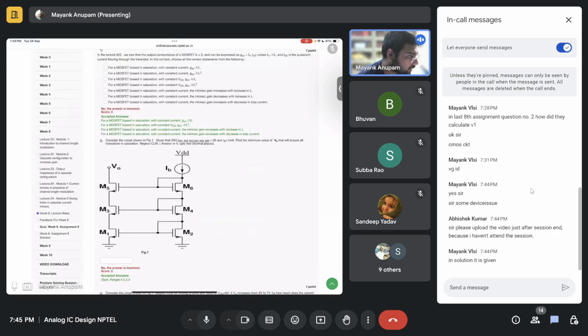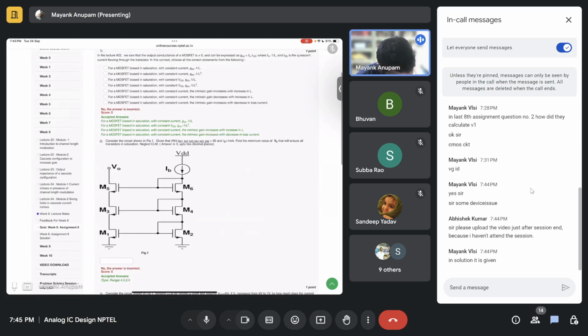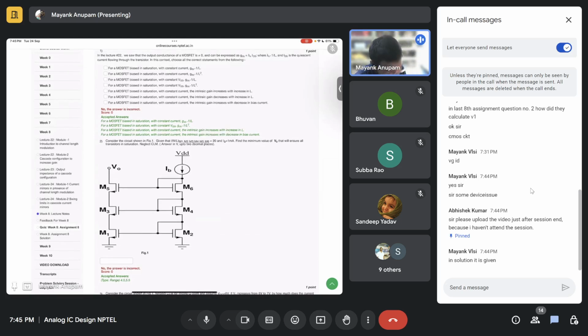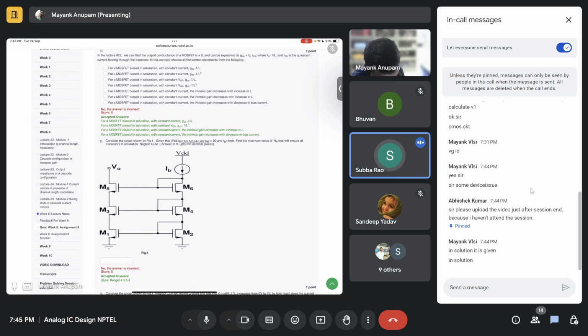Other guys who see his question, can you help me? Where is V1? What is V1? The instructor was explaining that V naught is equal to V1 minus VTH.